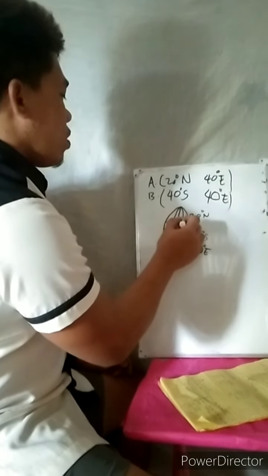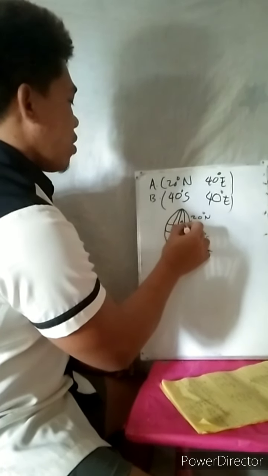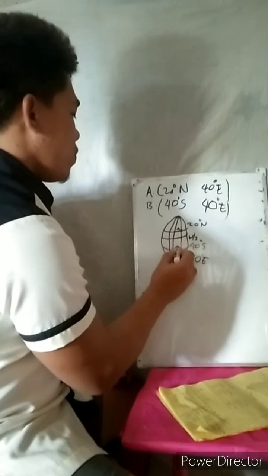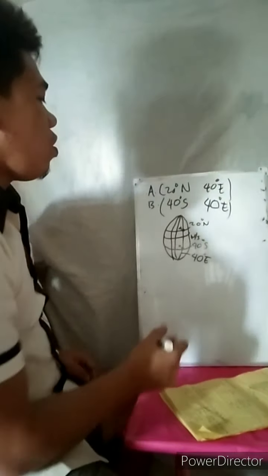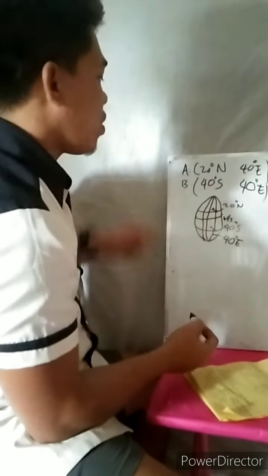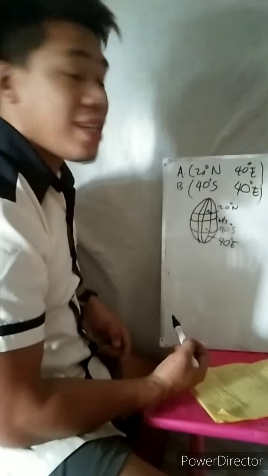So both silingon, ang point A dire sila nga duha nag-intersect. Ang point B dire sila nga duha nag-intersect. So mao ni ang ato nga drawing sa duha ka point kung sa diin sila nag-meet.